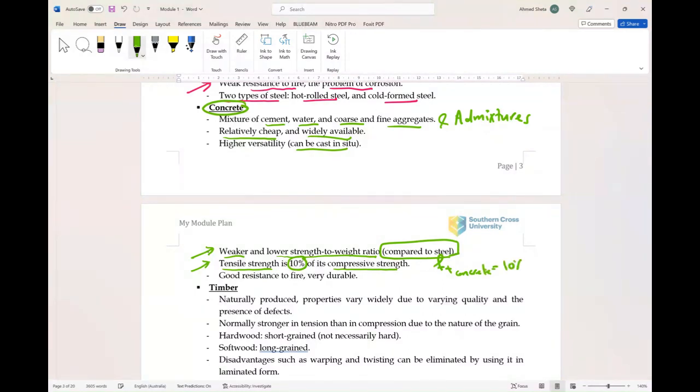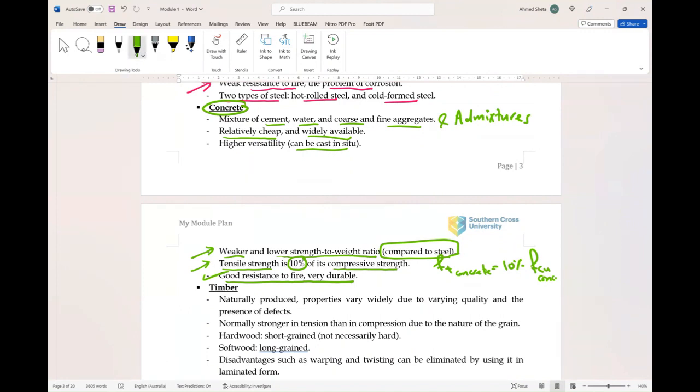One of the good things about concrete is that it has good resistance to fire and is very durable.